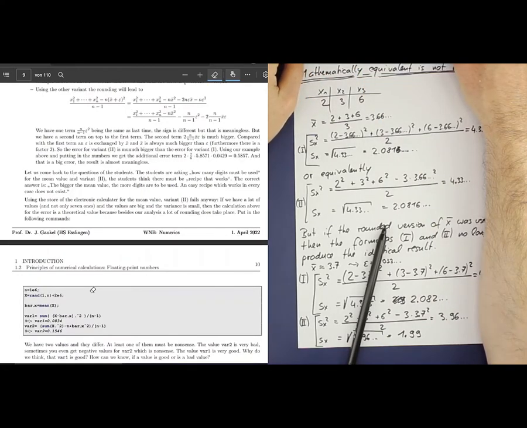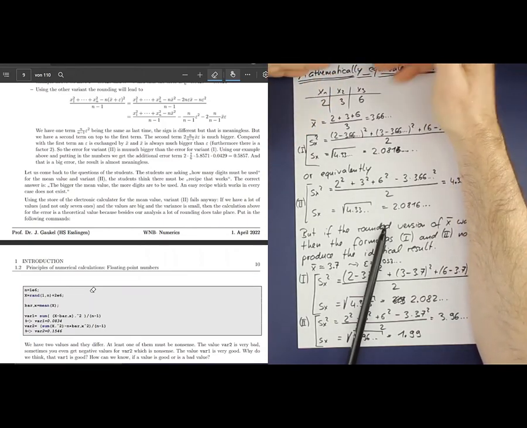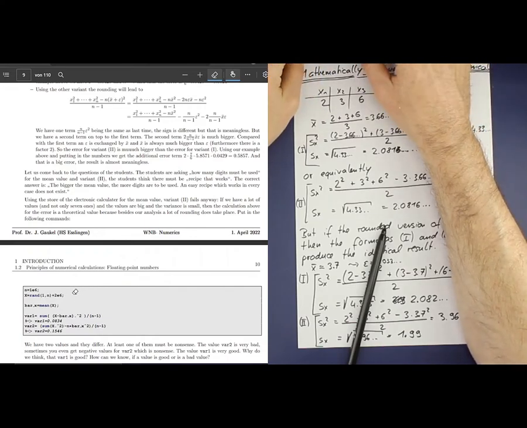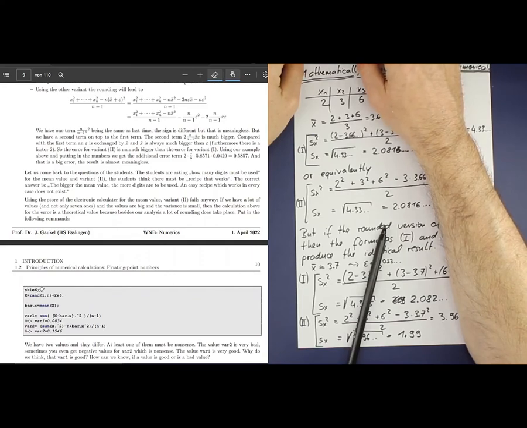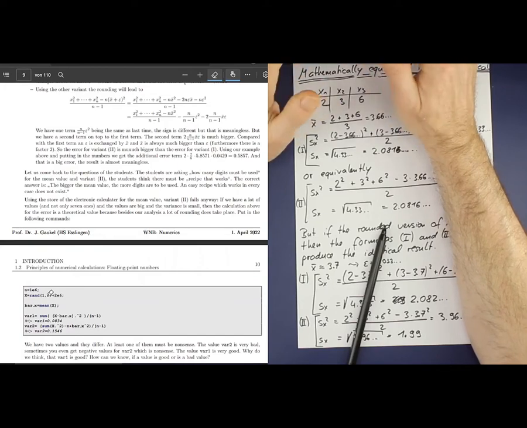But okay, and now, more alarming, we also have problems if we use an electronic calculator which is not a simple one. For example, if we use MATLAB, if we use Octave. So if we produce 1 million numbers which are very close together, what is happening here? We take 2 million plus a number between 0 and 1. So we have either 2 million or 2 million point something.